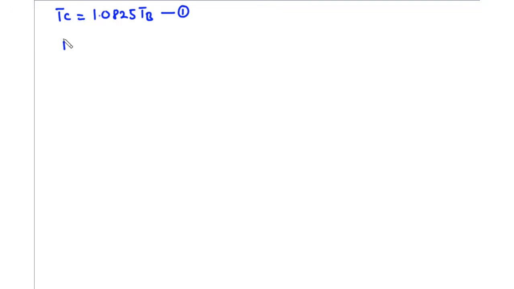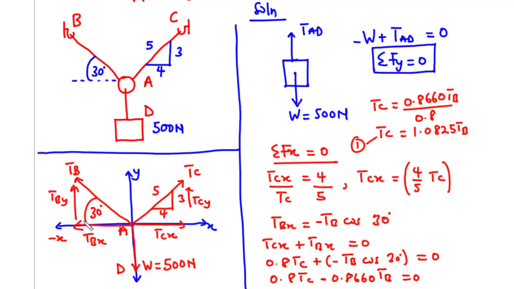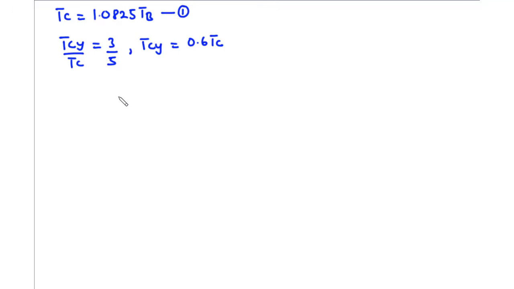So we have TCY equals 3 divided by TC equals 5. By this, we can say that TCY is equal to 3/5 TC, and 3/5 is the same as 0.6, so we can write 0.6 TC. And for TBY, it is simply TB sine 30.